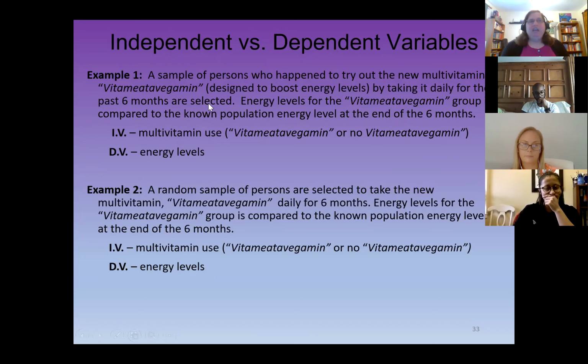Now, if we can't control the IV, I'll give you an easy example. Let's say you're doing a study among first care responders or emergency care responders in a natural disaster, and those who are living close to the natural disaster who are not emergency responders, right?